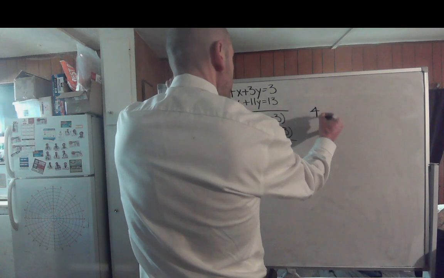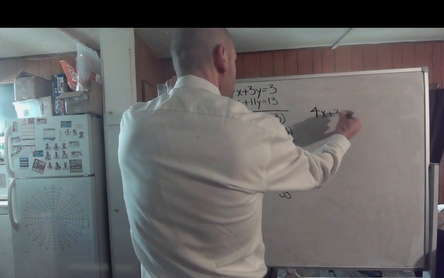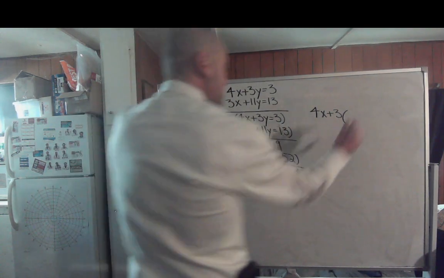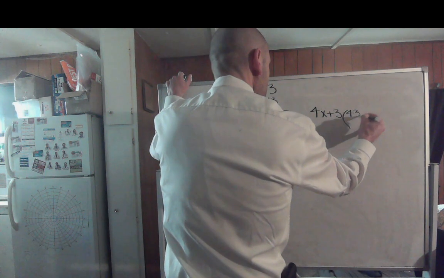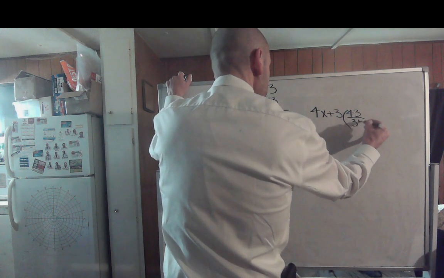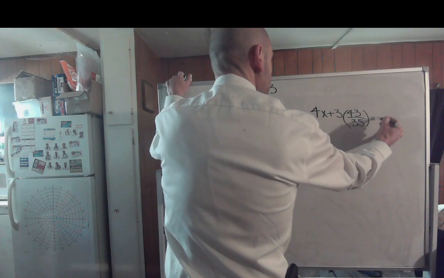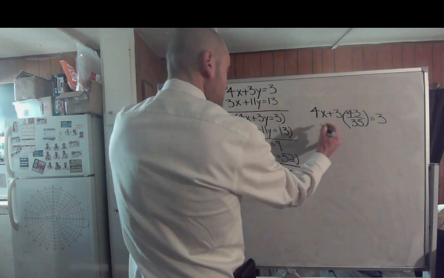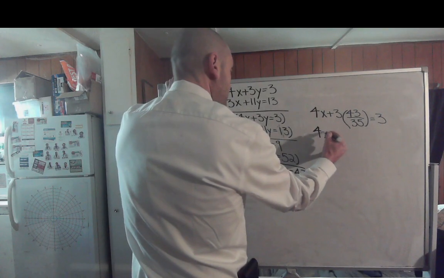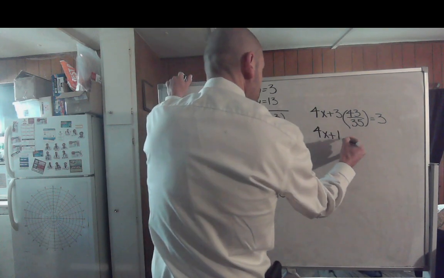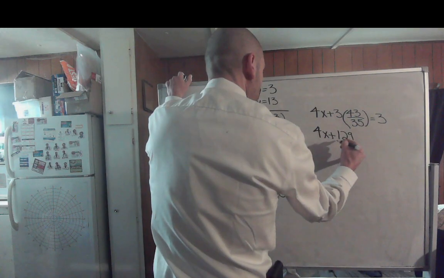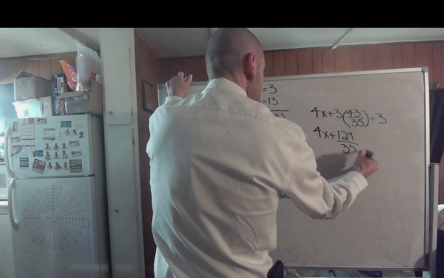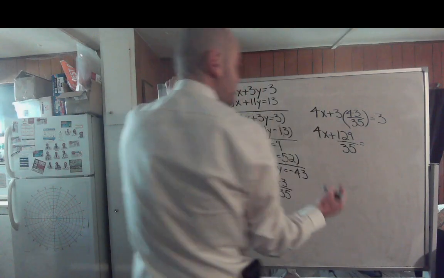So we'll have 4x plus 3 times that y value of 43/35 is equal to 3. So that would give you 4x plus 129 over 35 is equal to 3.